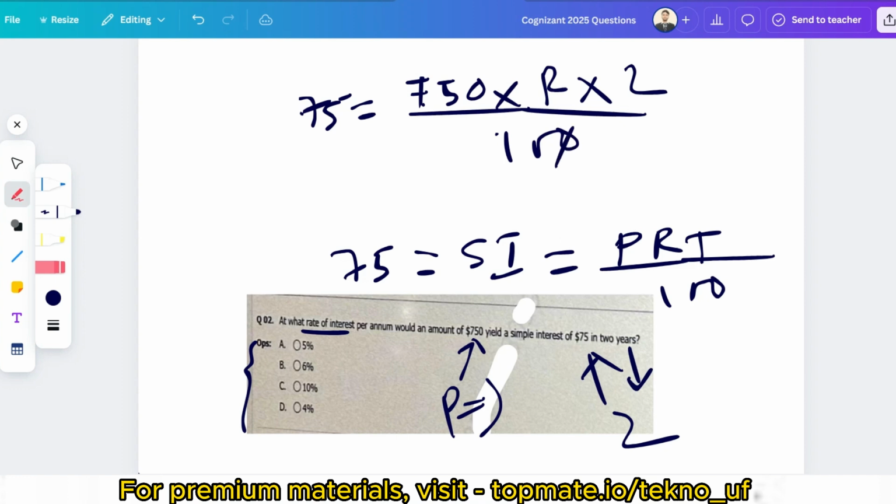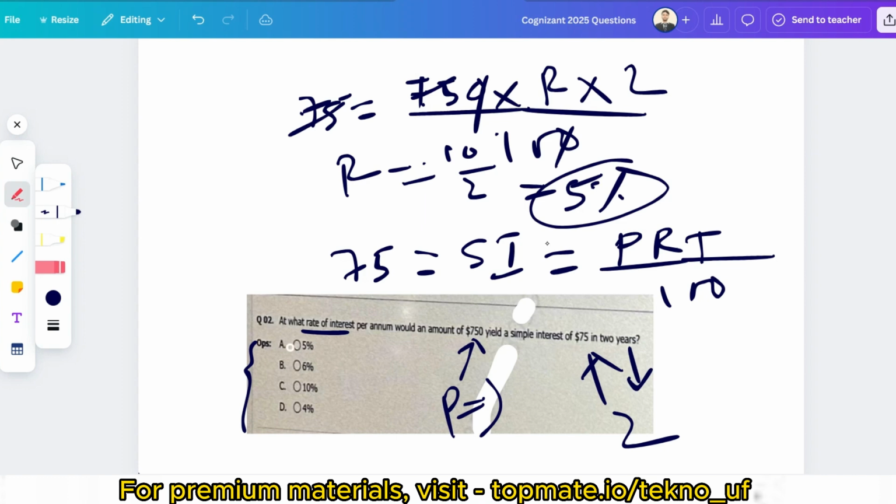Cancelling the zeros, 75 and 75, then 2 by 10, so R is equal to 10 by 2, which becomes 5%. So the rate of interest will be 5%.